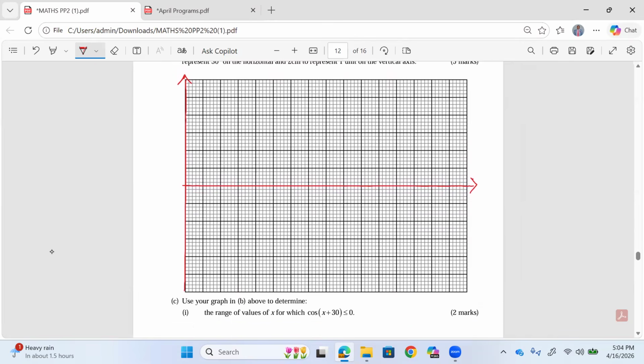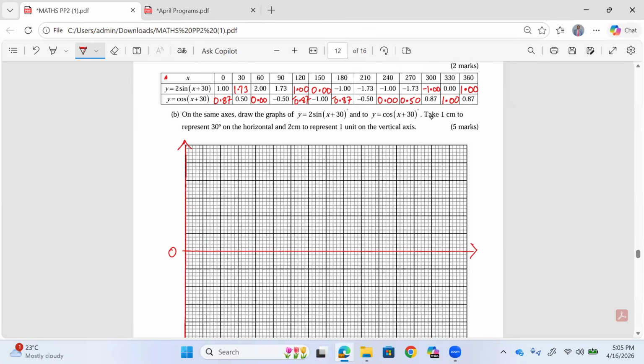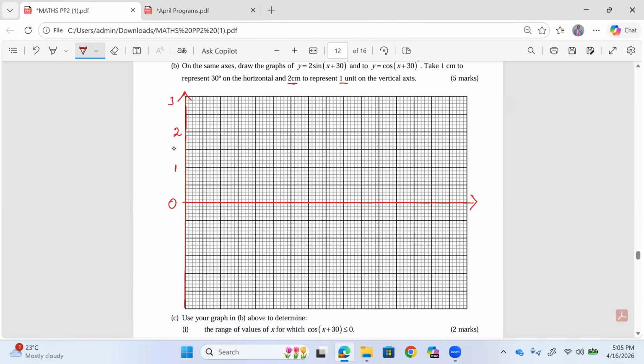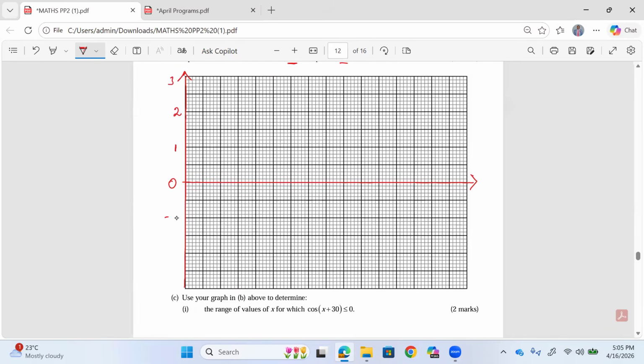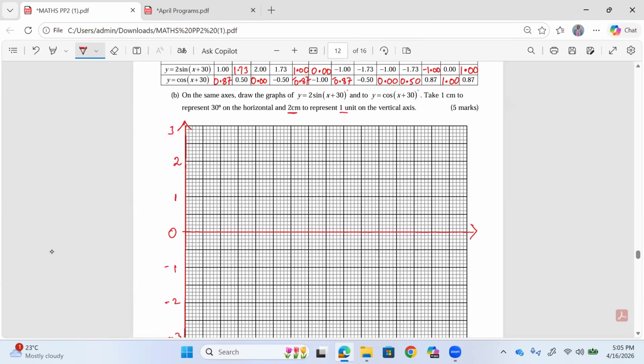That is the horizontal axis. We have the vertical axis. So according to the instructions, from 0 here, we're supposed to use 2 centimeters to represent 1 unit. 1, 2. Do we have values that are greater than 2? Okay. That is the scale. Then negative 1, negative 2, negative 3, like that. Then for the horizontal, 30 degrees.